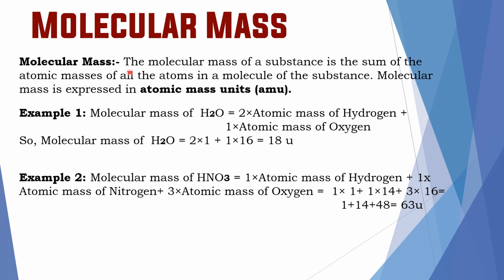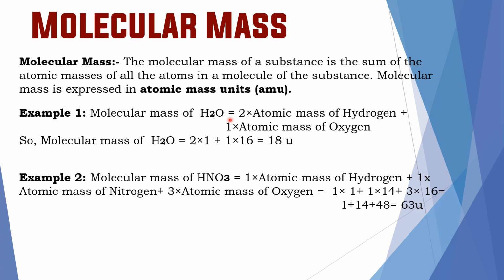So molecular mass means in the molecule many elements are there. So we have to take the sum of each atom's mass, atomic mass, that is called molecular mass. Here are some examples. This is example 1. First we have to calculate the molecular mass of water.